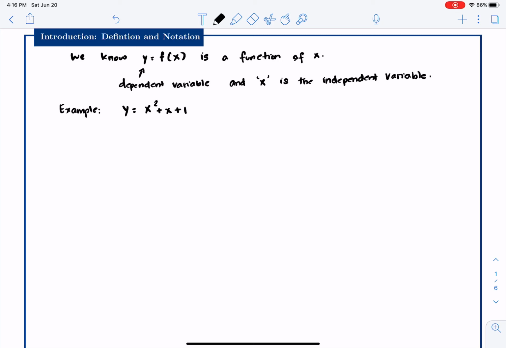So we could have an equation where a dependent variable depends on more than one independent variable. For example, if we consider y equals f of u comma v, then this particular function has two independent variables.